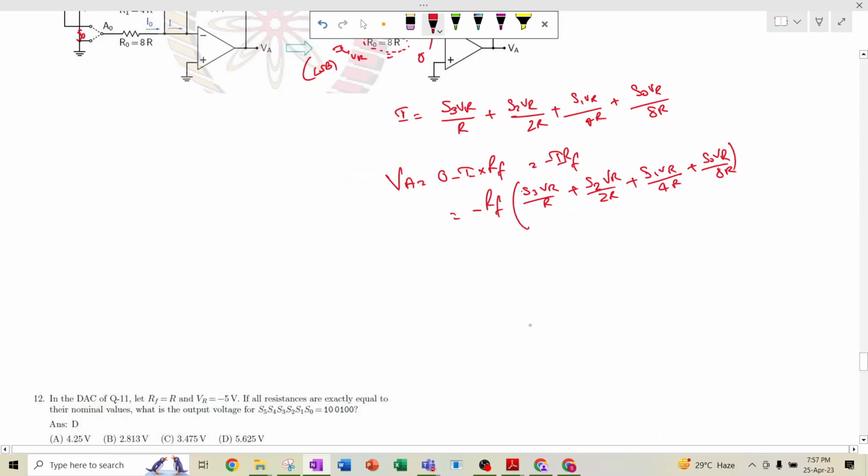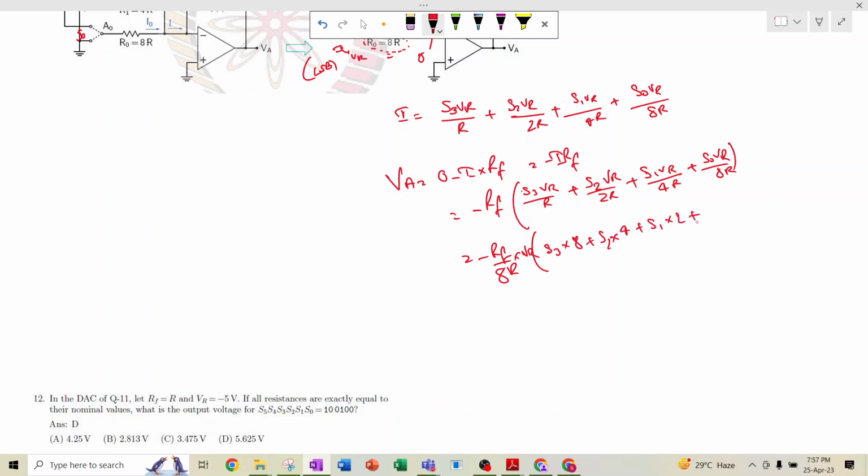If we take 8R common, minus RF divided by 8R into VR, and taking common, S3 into 8 plus S2 into 4 plus S1 into 2 plus S0 into 1.